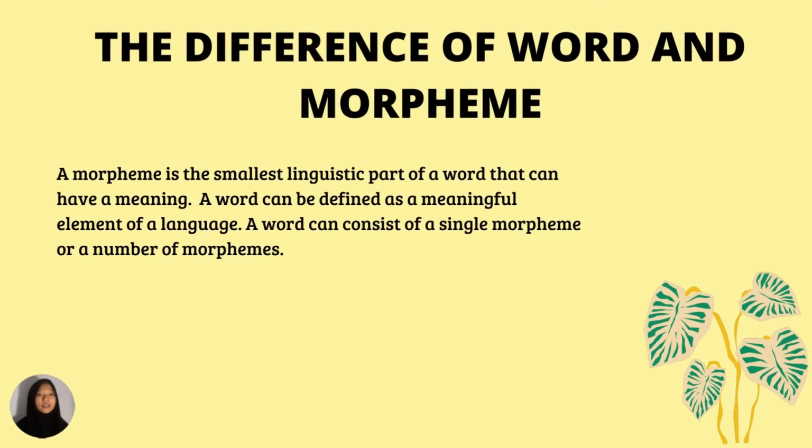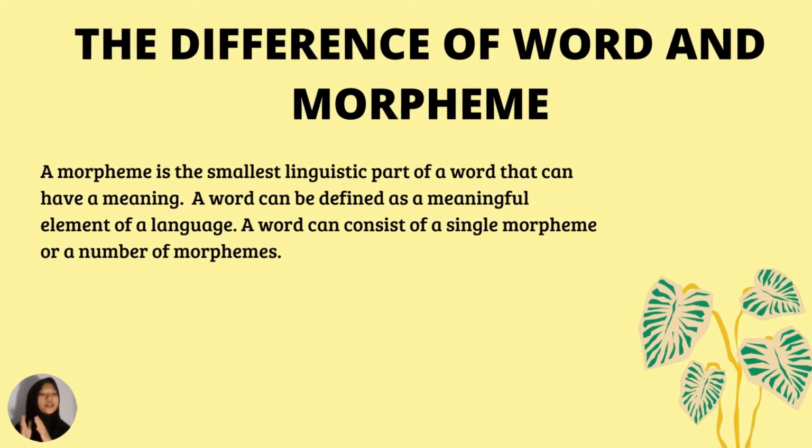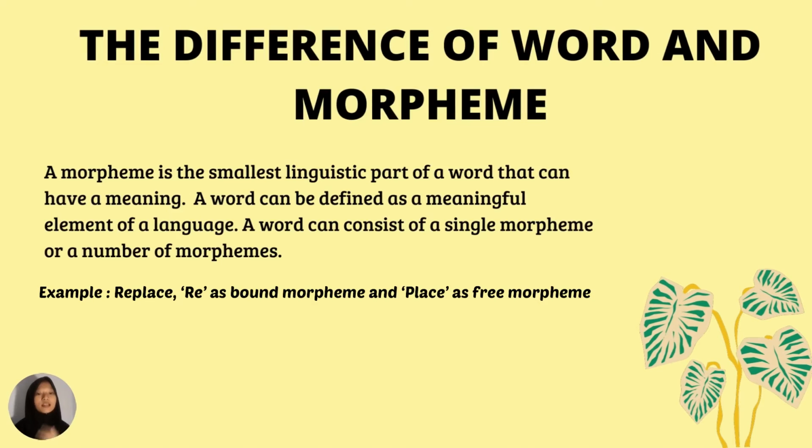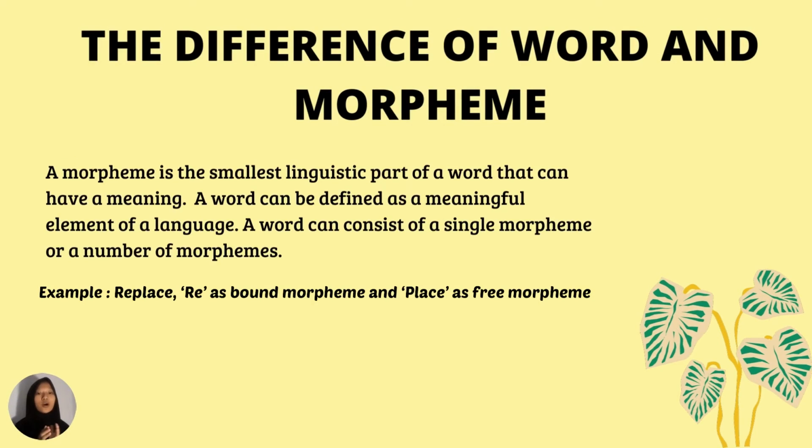The next is the difference between word and morpheme. A morpheme is the smallest linguistic part of a word that can have a meaning. In other words, it's the smallest meaningful part of a word. A word can be defined as a meaningful element of a language.